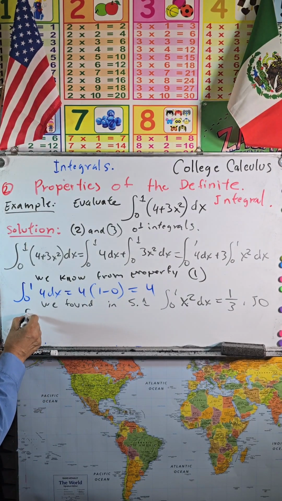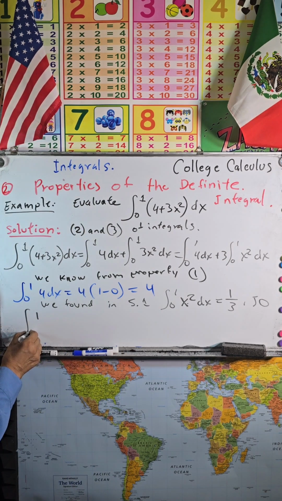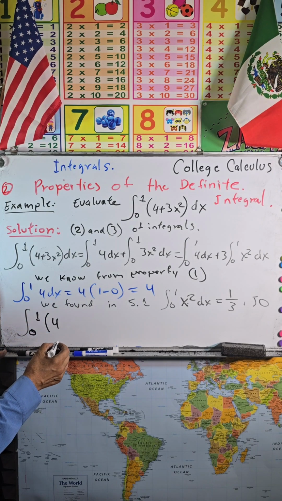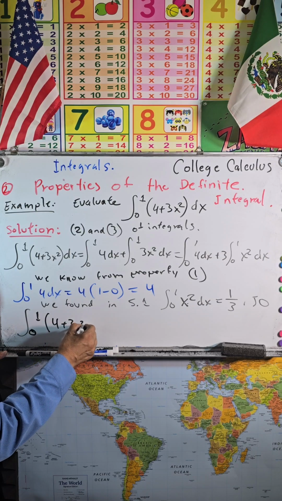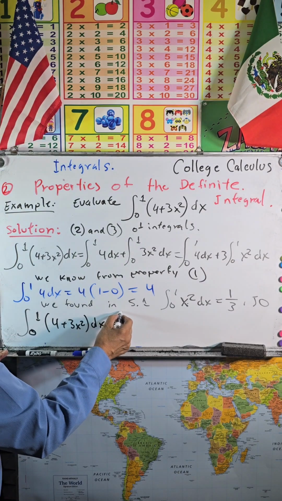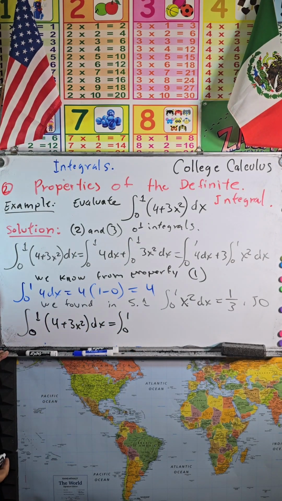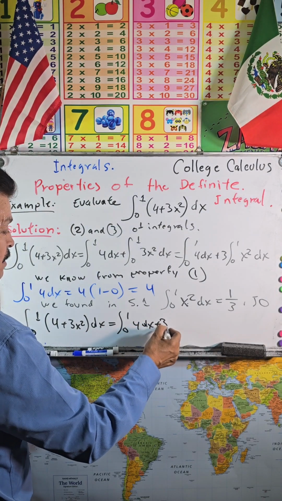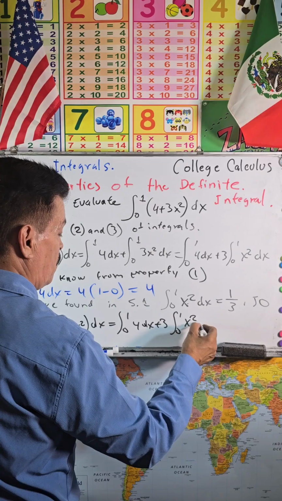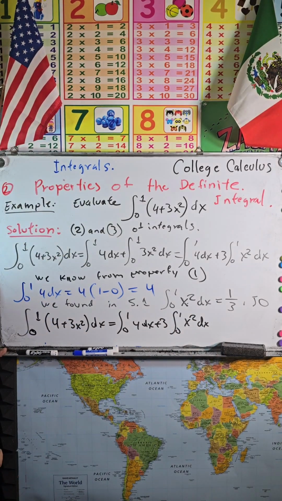So then the solution is: look at the integral from 0 to 1 of 4 plus 3x to the second power differential x equals the integral from 0 to 1 of 4 differential x plus 3 times the integral from 0 to 1 of x to the second power differential of x. Now that's the solution.